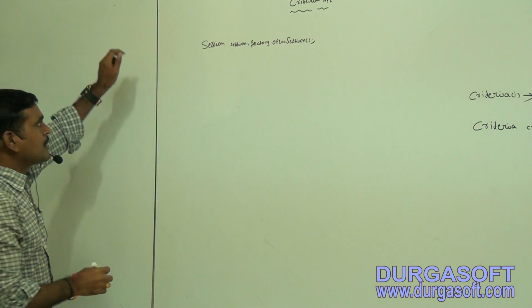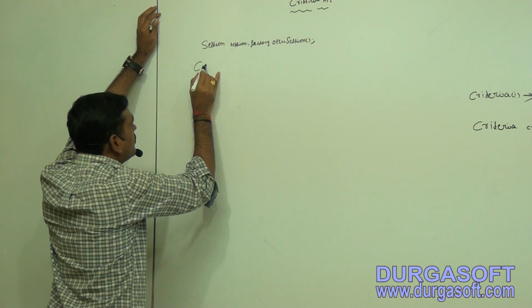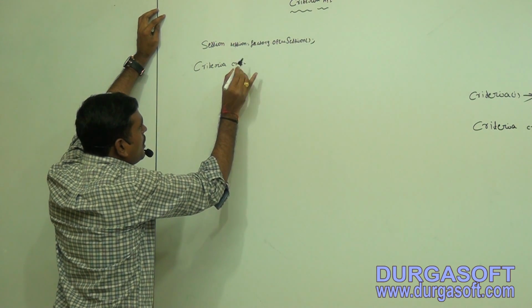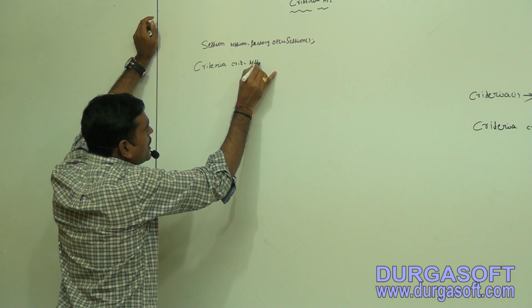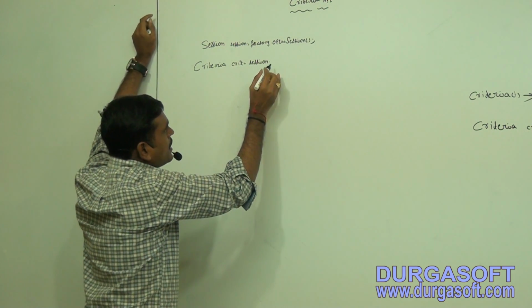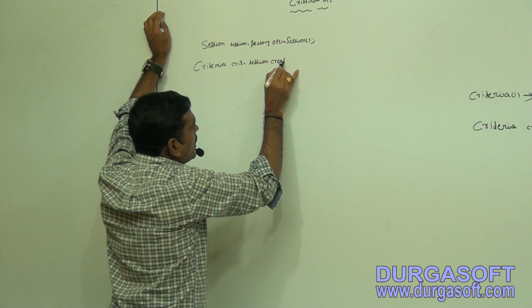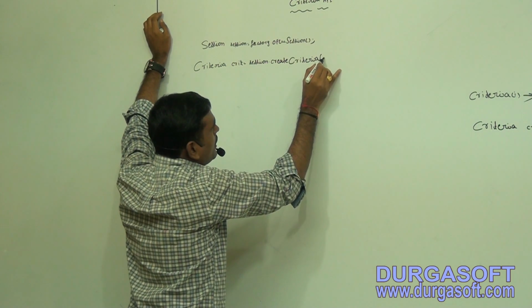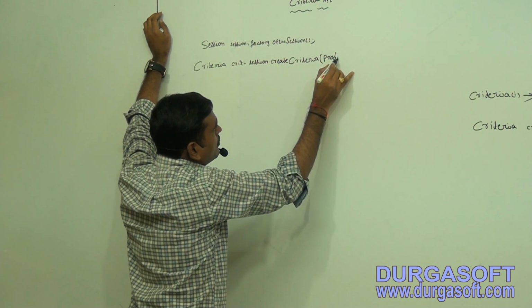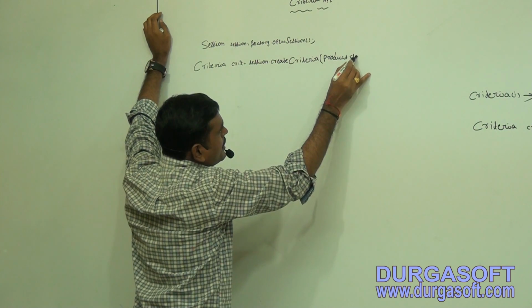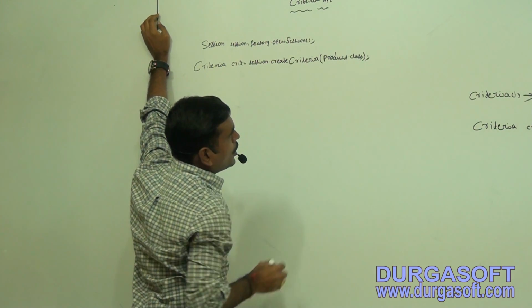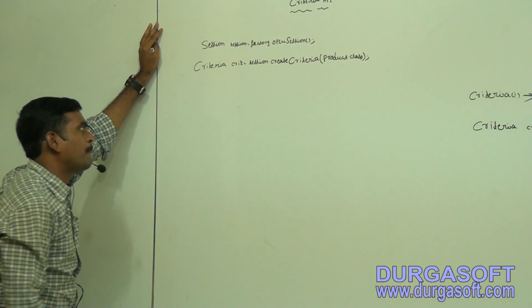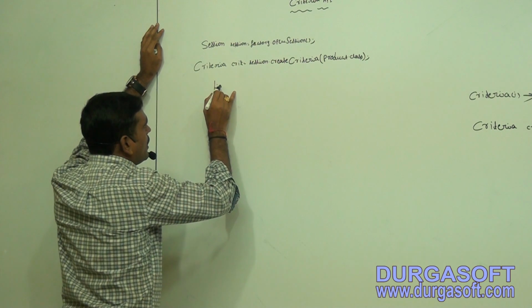After that, Criteria crite is equal to session dot createCriteria. Under that we can pass Product dot class. After that we can get the list.